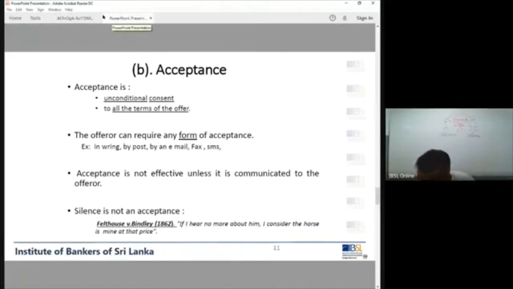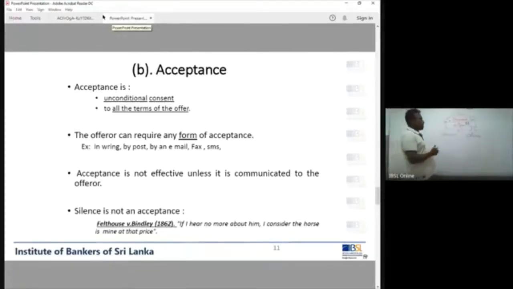Now, take the same example: the offeror, when making the offer, says his first condition is that if you accept my offer, you have to send a letter of acceptance. Now this lady wants to accept the offer. She writes the letter of acceptance, but didn't post it. Instead of posting the letter, she kept the letter with her.